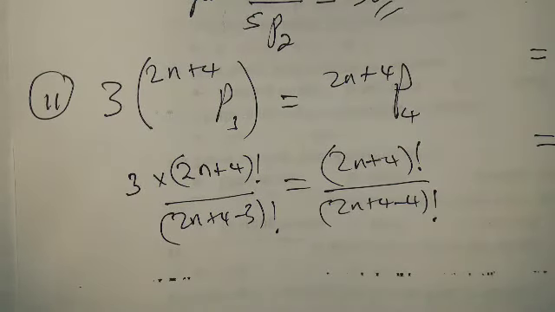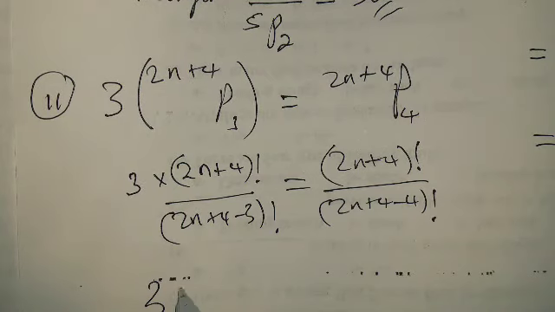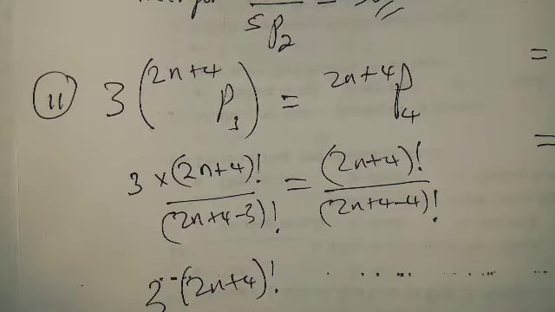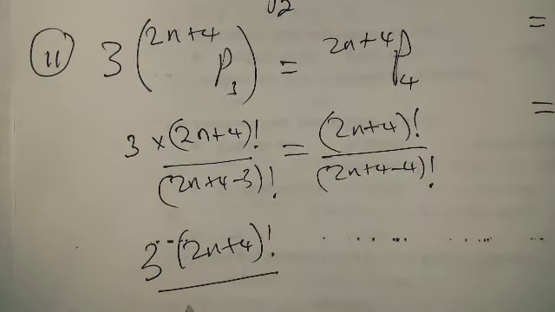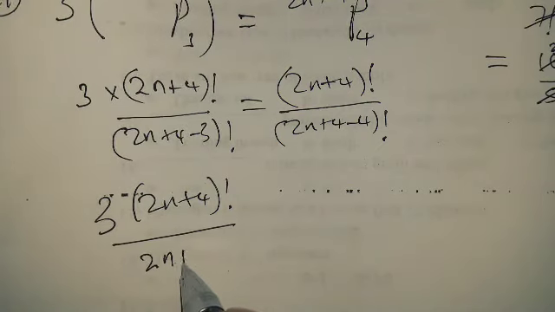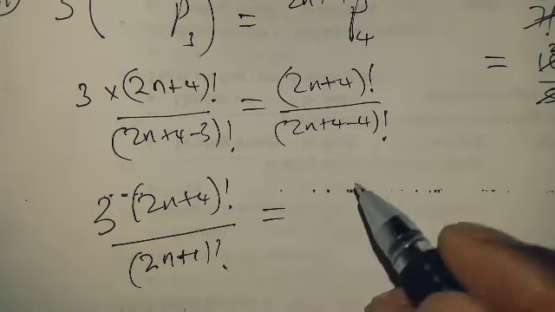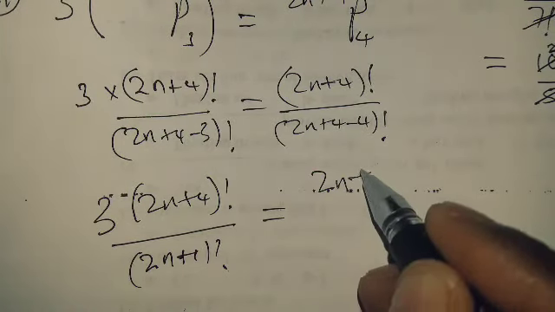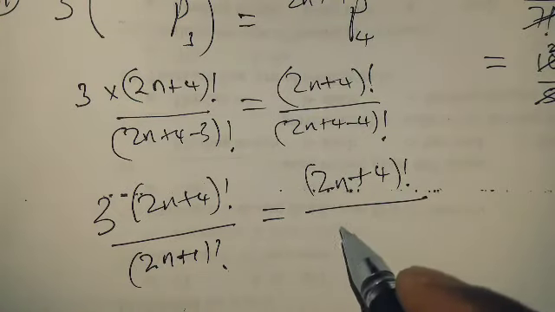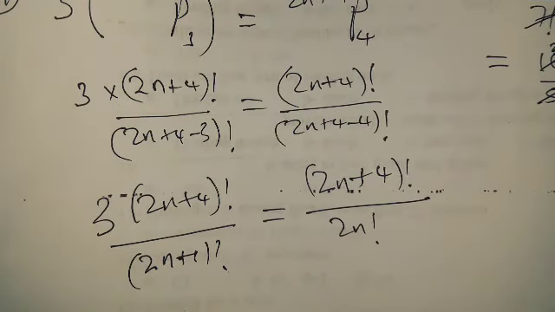This is the same thing as we have 3 into 2n plus 4 factorial over 2n plus 1 factorial is equal to 2n plus 4 factorial over 2n factorial.